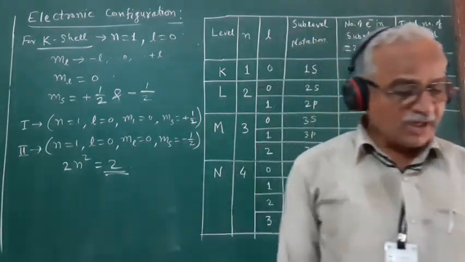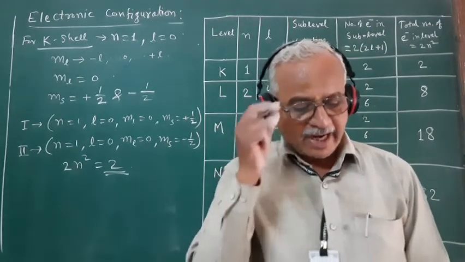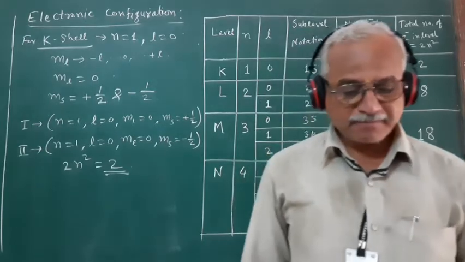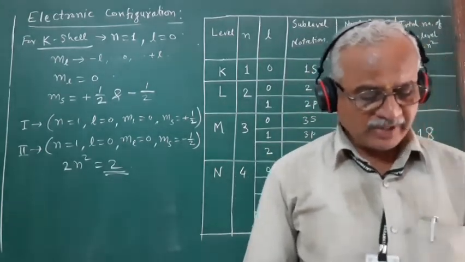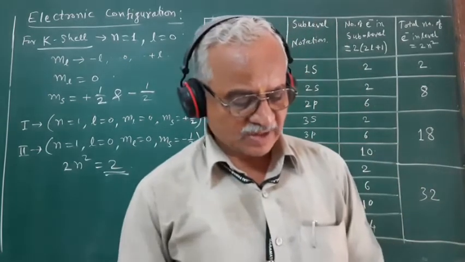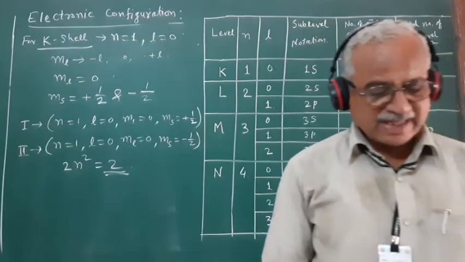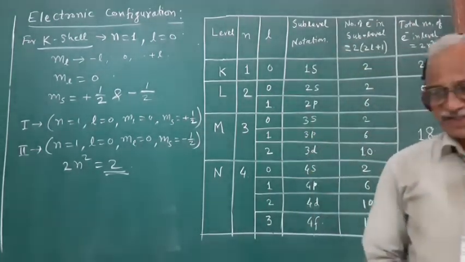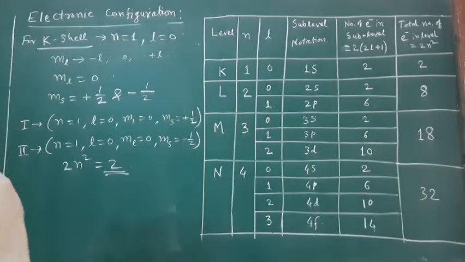This Hund's rule states that when an atom has orbitals of equal energy, the order in which they are filled with the electrons is such that a maximum number of electrons have unpaired spins. The maximum number of electrons will have unpaired spins.